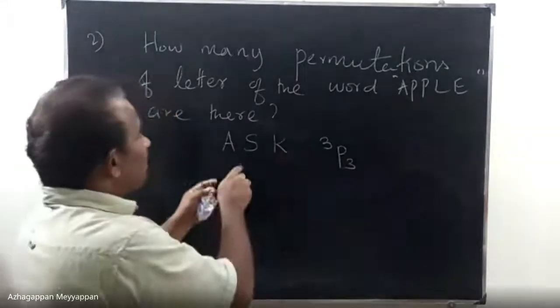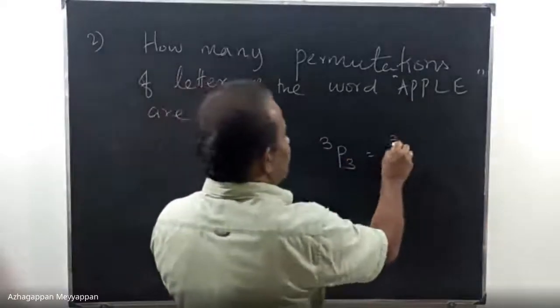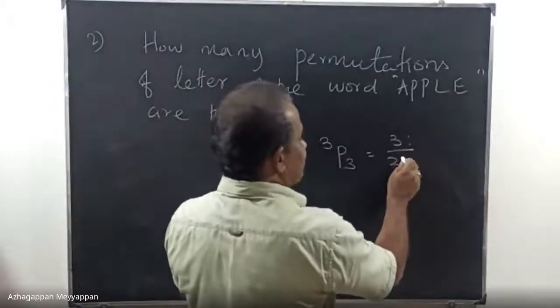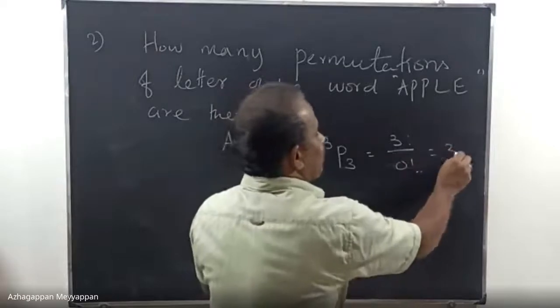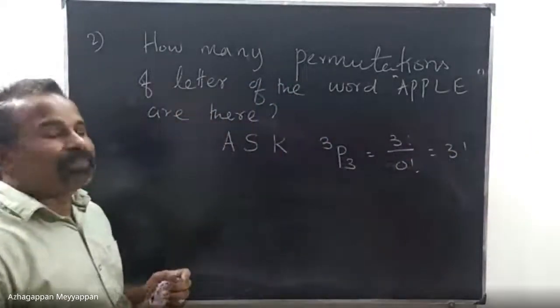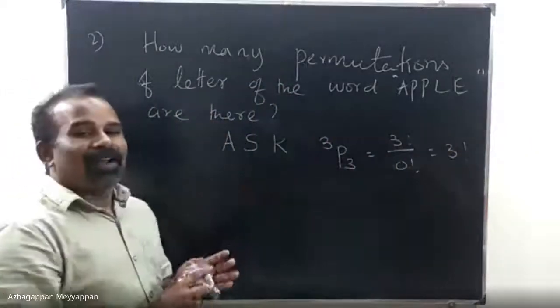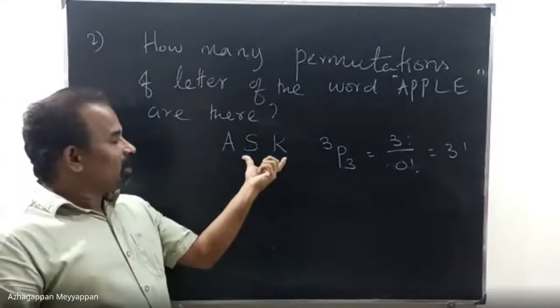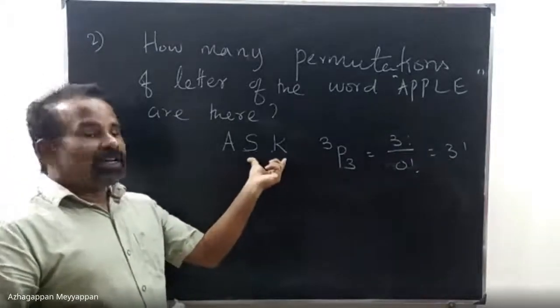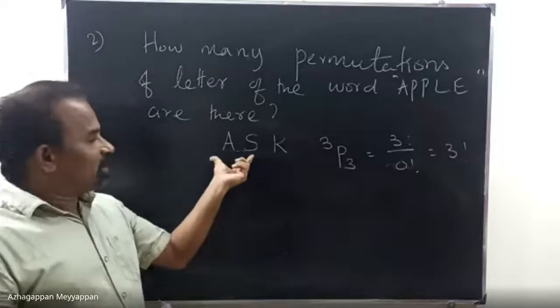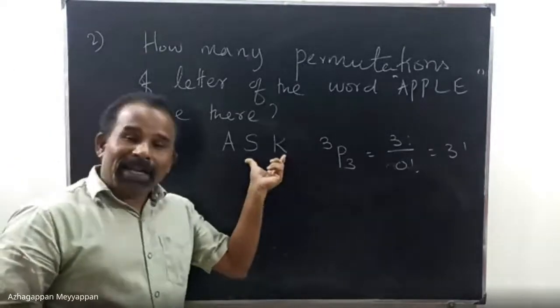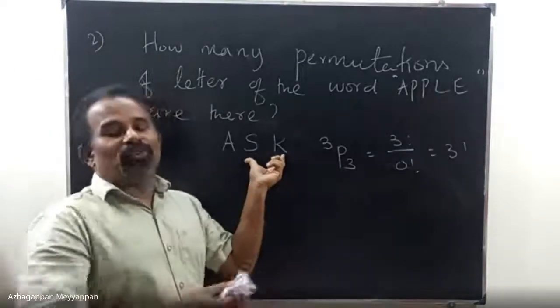So therefore 3P3 means 3 factorial divided by (3 minus 3) factorial, that is 0 factorial. Therefore again 3 factorial. Hereafter, suppose the word consists of n letters and the n are different.